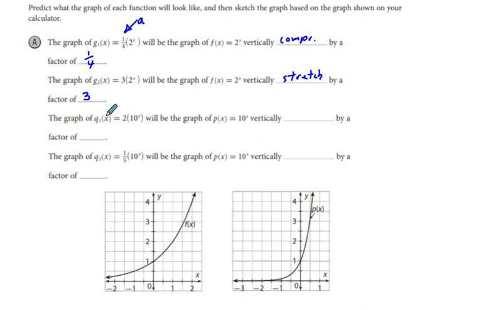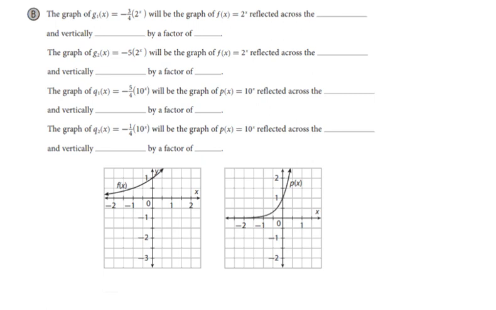Okay, now we have same type of logic here with this 10 to the x vertical stretch and vertical compression. Okay, now we have this negative sign, so we have reflected across the x-axis. That's what that negative sign does. And then we have it when we vertically compress by a factor of 3/4.